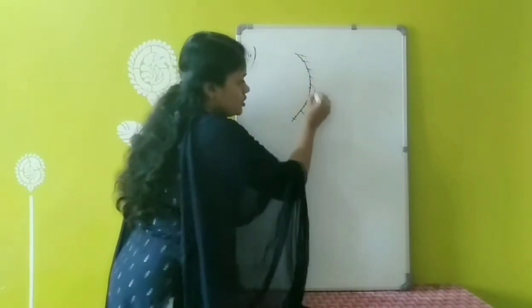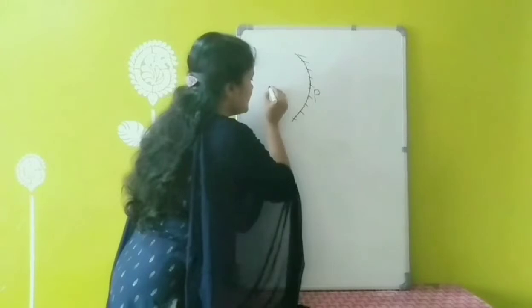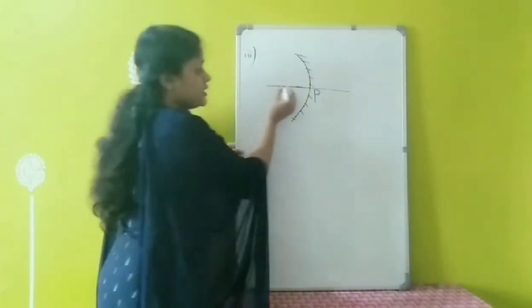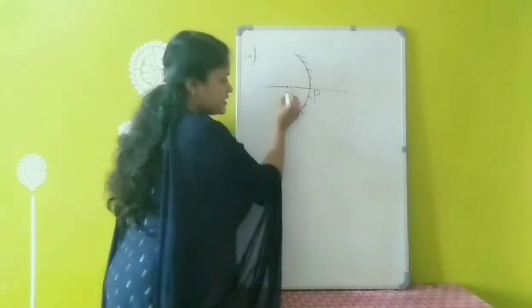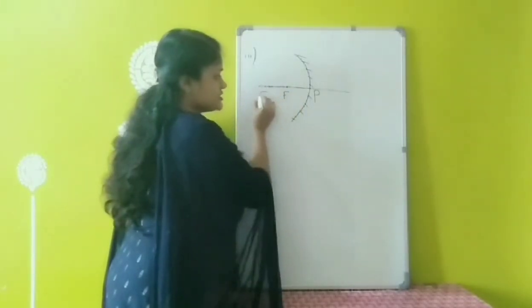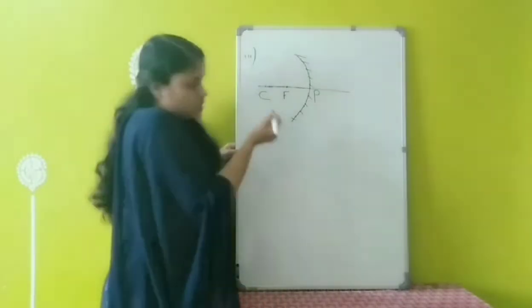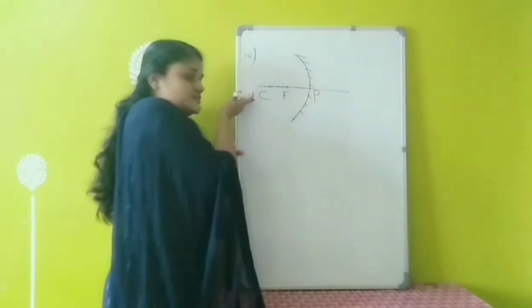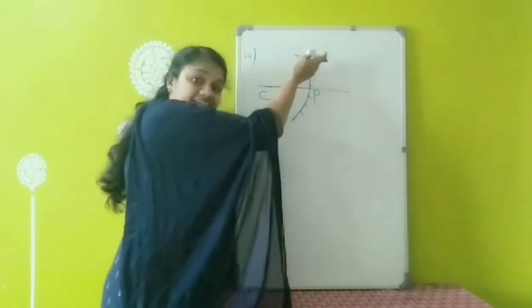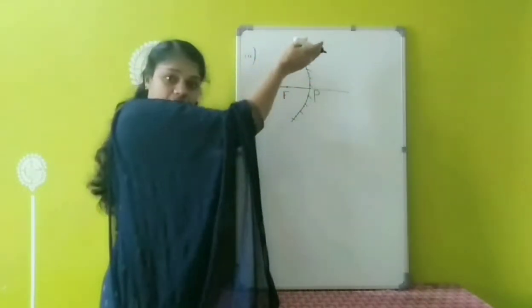So this is pole and principal axis. So this is the principal axis, and suppose I am keeping focus somewhere here. Focus, and twice the distance we can mark which one? Center of curvature. So next rule is light ray which is passing through center of curvature after reflection retrace its path. That means it is going back along the same path.